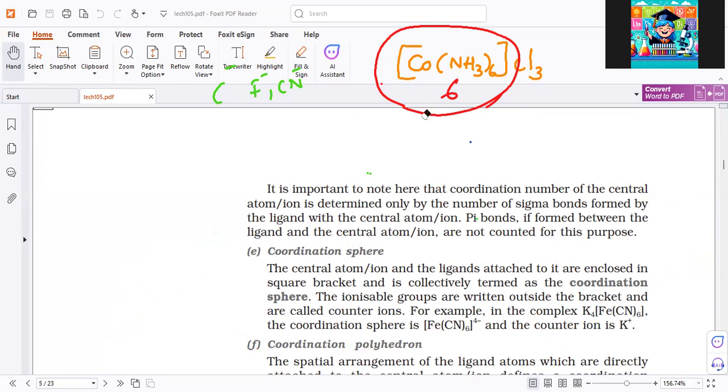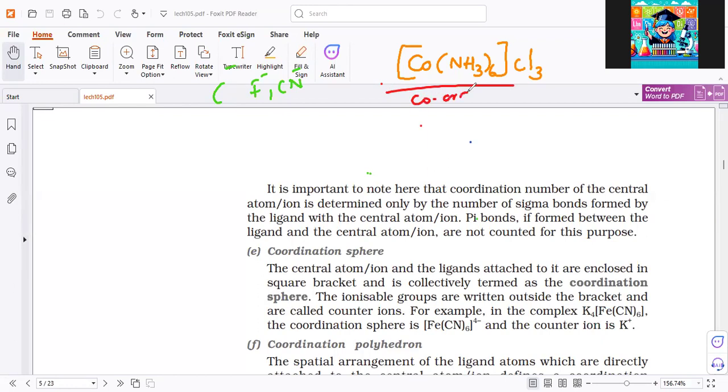Coordination sphere is, like I said, similar to coordination entity: the central metal atom and the ligands attached to it, enclosed in a square bracket. They are collectively known as the coordination sphere. And what about the chloride ions here?